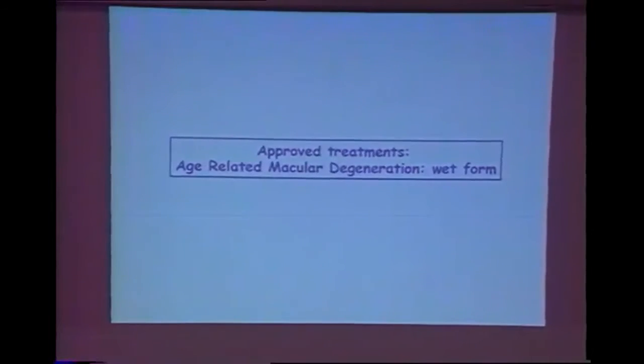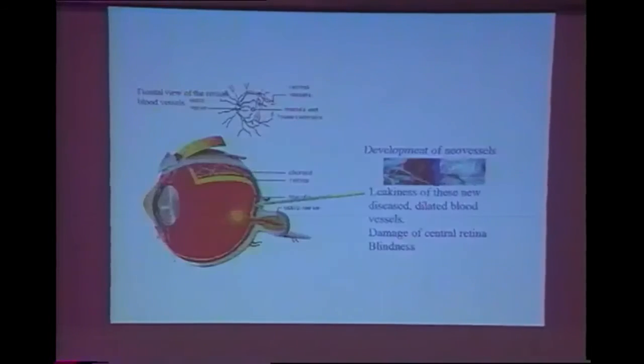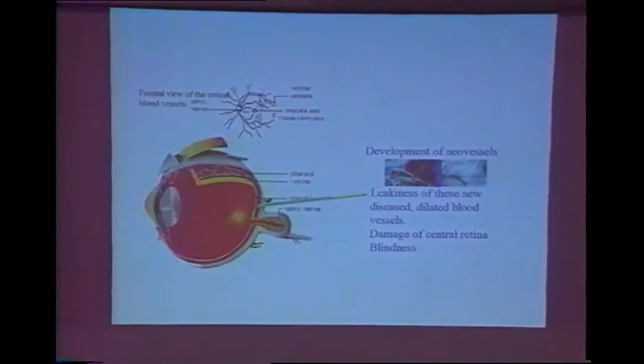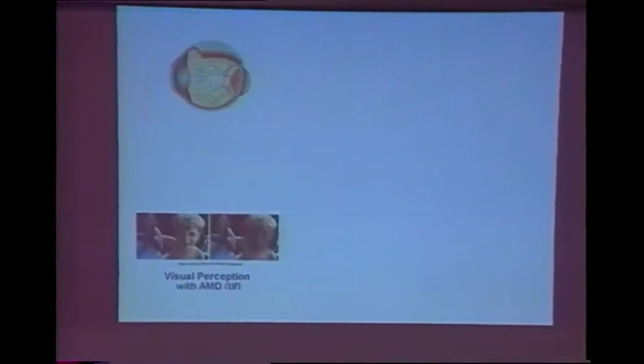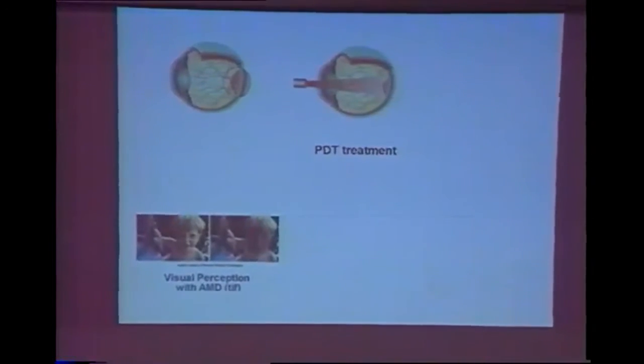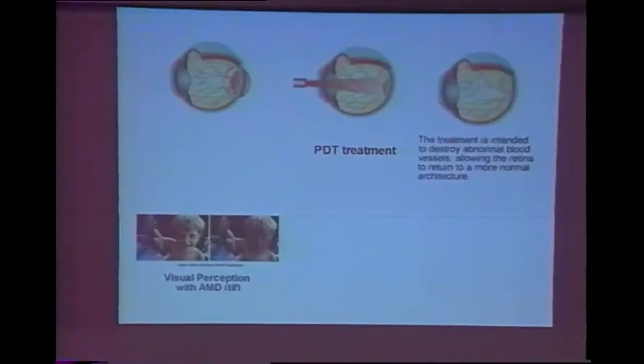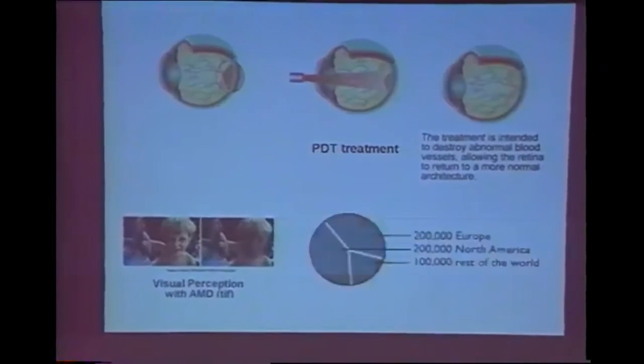I just want to show this age-related macular degeneration, a little more detail. This is where you have abnormal blood vessels growing in the back of the eye. I showed you this yesterday, the effect of this. The idea is that you give this region of abnormal blood vessels PDT treatment, and that's intended to destroy this abnormal tissue without destroying the rest of the blood vessel.